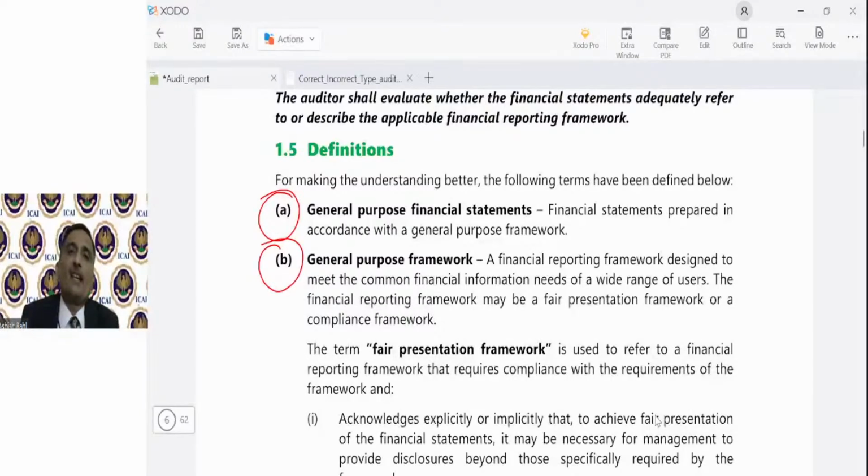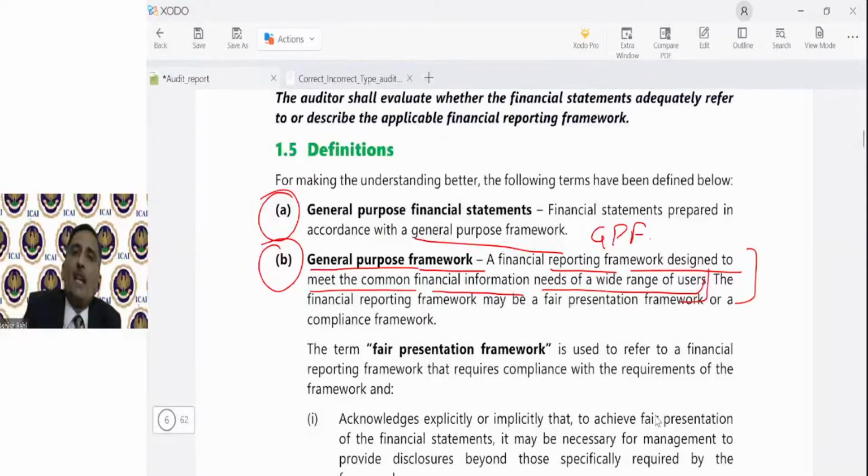General purpose financial statements are prepared in accordance with the general purpose framework. Now, what is a general purpose framework? A general purpose framework means a financial reporting framework designed to meet the common financial information needs of a wide range of users.